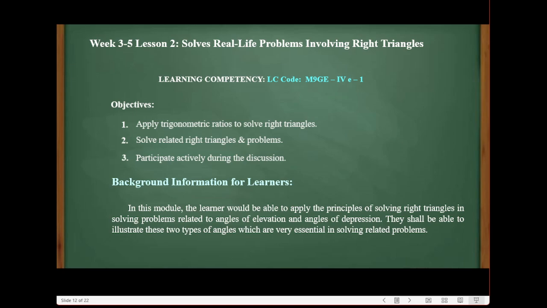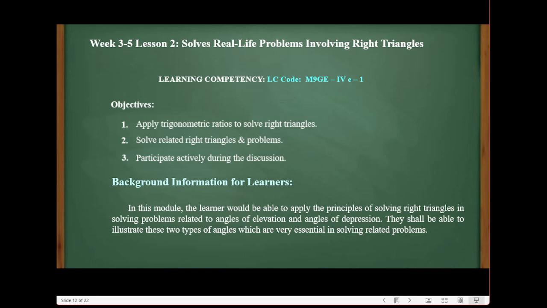Part 2 of our lesson about solving word problems related to right triangles. In our previous topic, I discussed solving word problems involving angle of elevation.